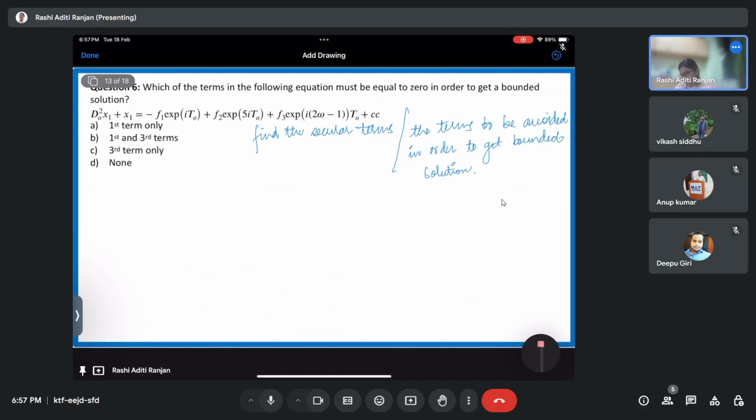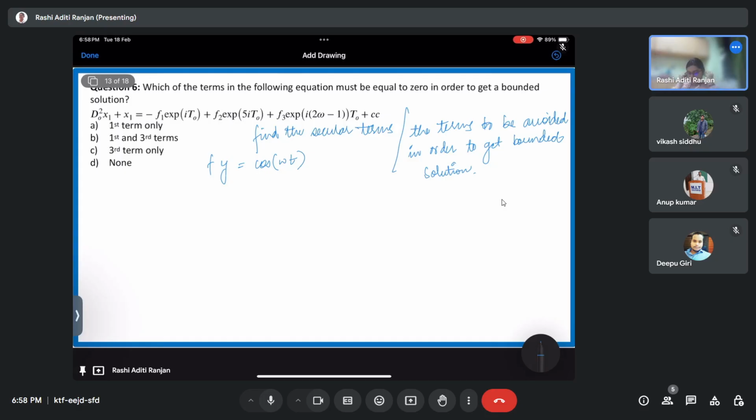For a differential equation of the form f of the differentials acting on y is equal to cos of omega t, f is nothing but a function of the differentials.